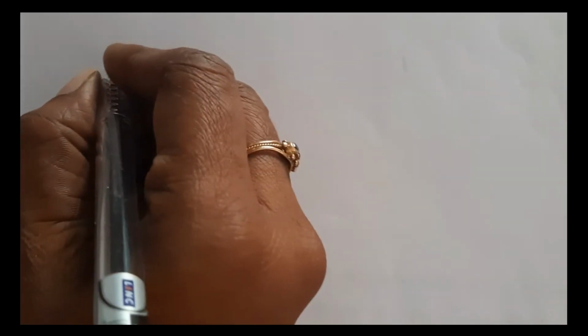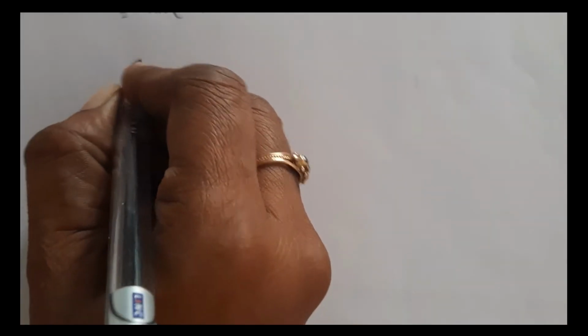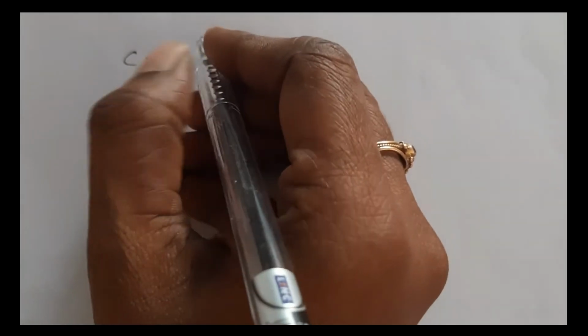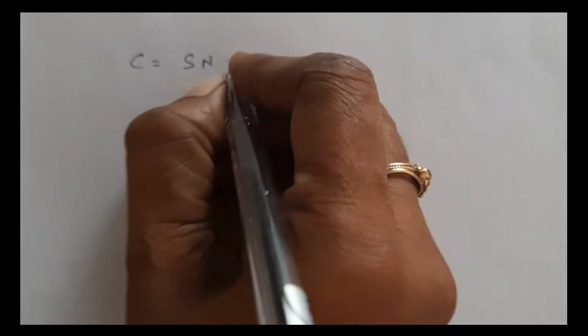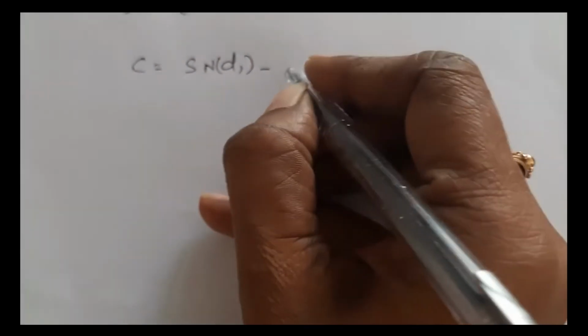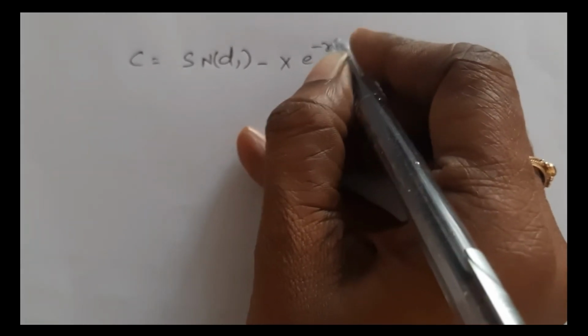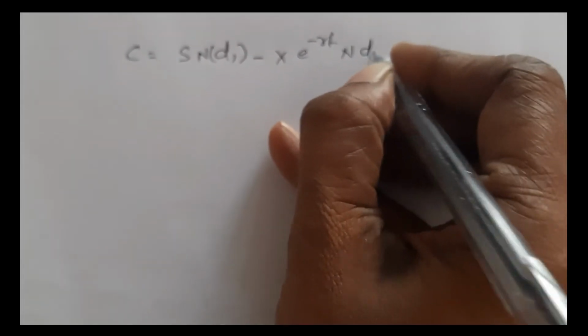To find out call option price, we have a formula, that is C is equal to S N(d1) minus X e to the power of minus RT N(d2).